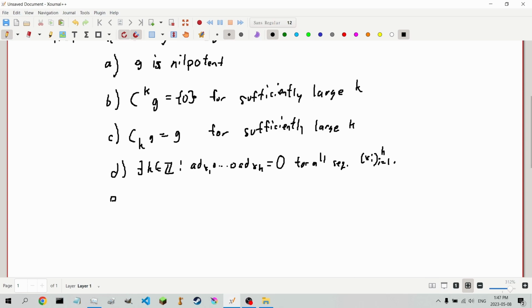And E, there exists a decreasing sequence of ideals, which we're going to write g_i from i equals 0 to n, of g.